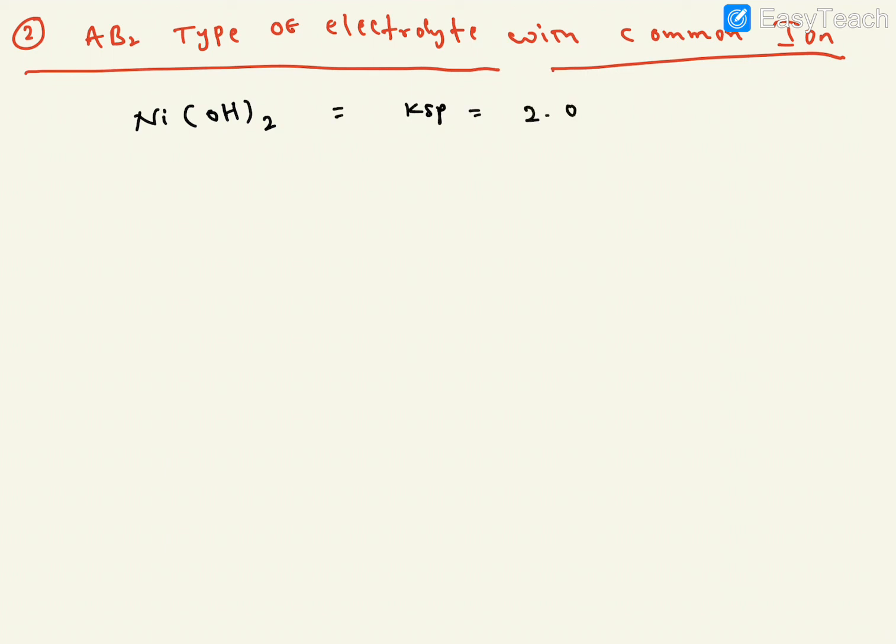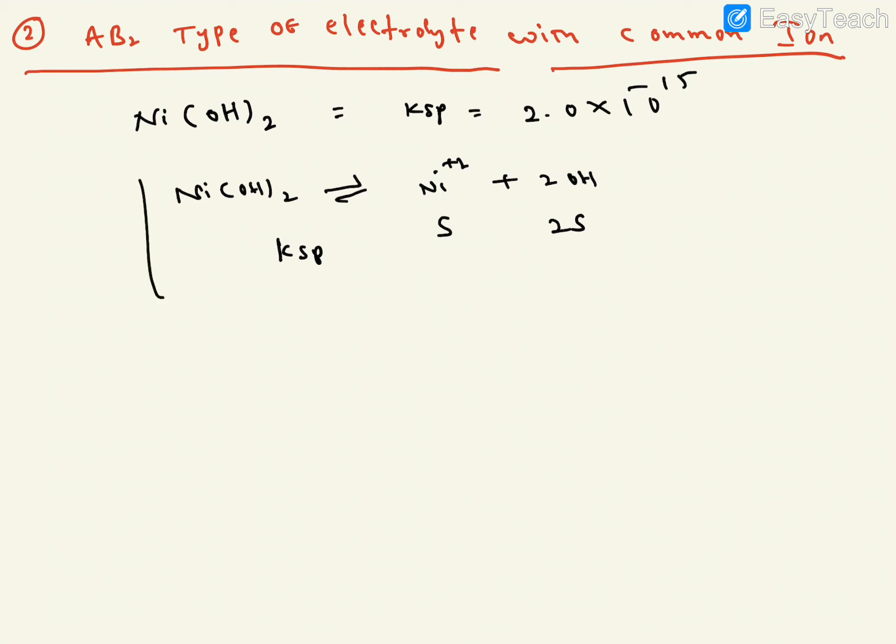The Ksp value is 2.0 into 10 to the power of minus 15, a sparingly soluble salt. It dissociates into nickel plus 2 and 2 OH minus ions. So the solubility is S here, and here it is 2S. So what is the Ksp here, in terms of the solubility of nickel hydroxide?